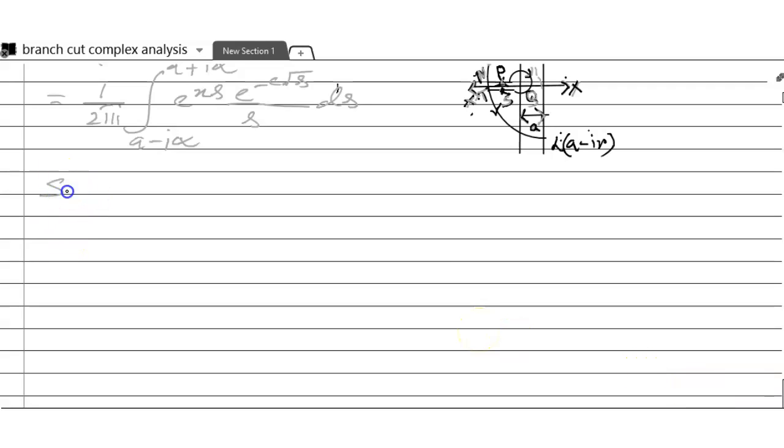Since s equals 0 is a branch point of the integrand, we take a contour, LMNPQSTL, so that it does not enclose any singularity.